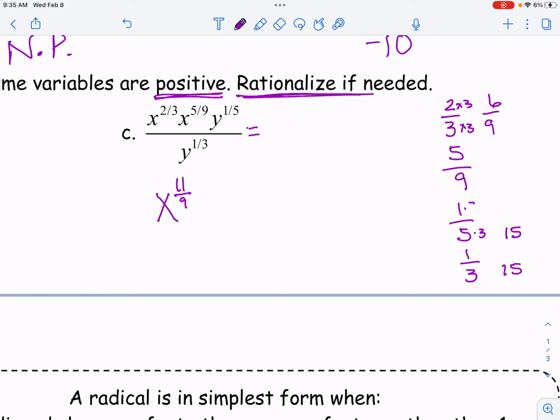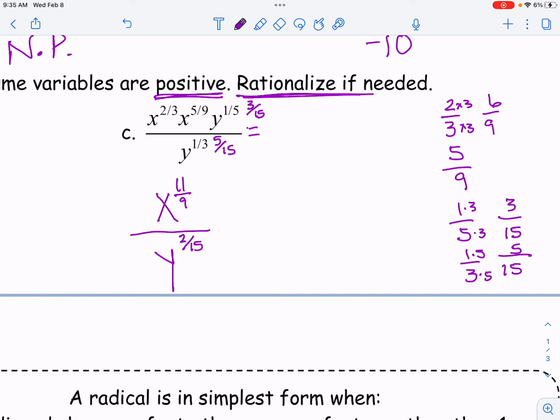This is 3/15, and this would be 5/15. Since it's division, you put your answer where the largest fraction is, so that would be on the bottom, so this would be y to the 2/15.